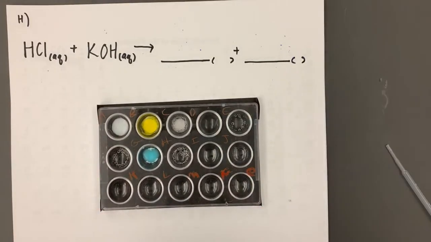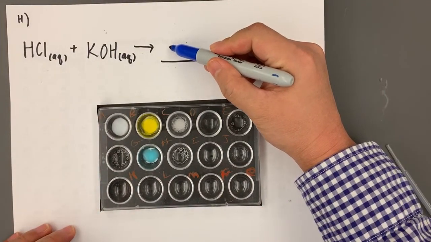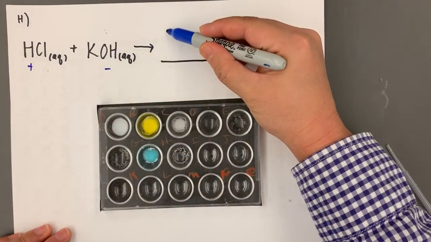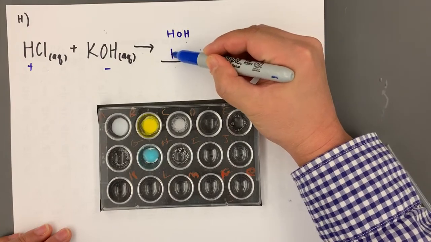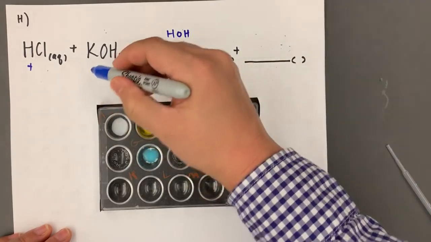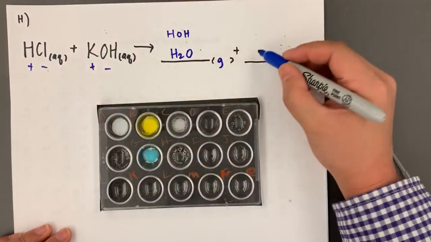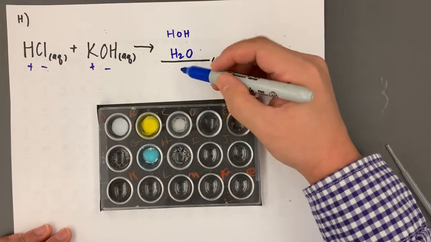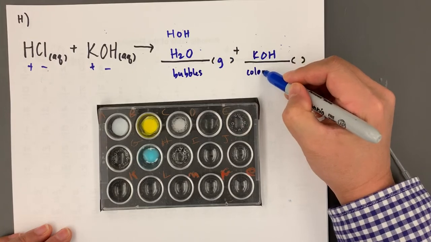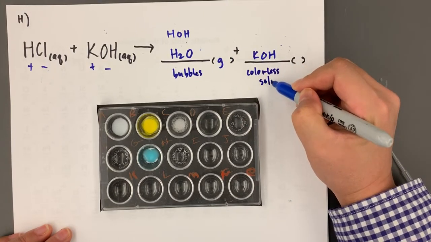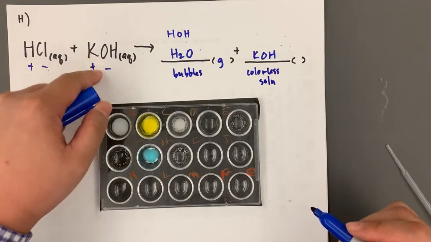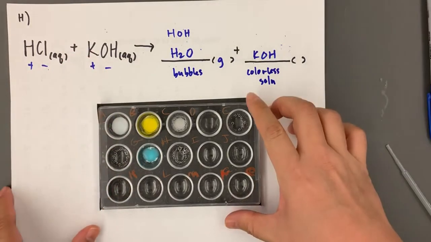If you do the double displacement, the H plus pairs up with the OH minus. It forms HOH, which is the same thing as water, and it is a gas. That's the bubbles you see there. K is plus and Cl is minus, so it's KCl. The KCl is just a colorless solution. The HCl and the KOH are also colorless solutions.